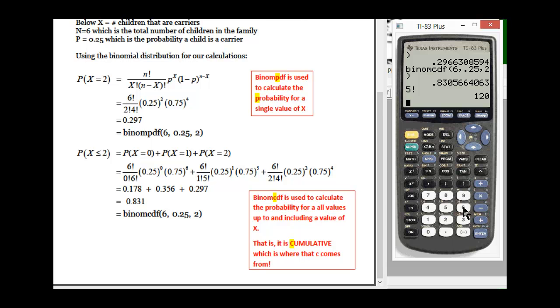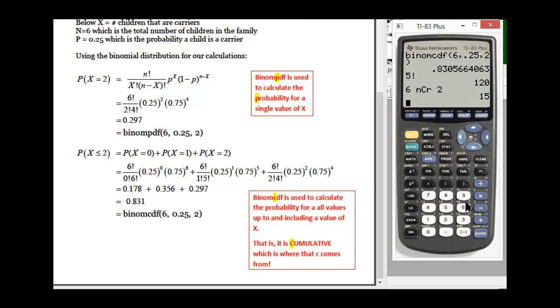I'm going to start with 6. I'm going to go through math again, go right to get to PRB, and it's this. We talked about that being a combinatorial, so it's this nCr. I'm going to page down to 3, hit enter, and then I'm choosing 2 out of the 6. So I enter 2, and then I'm going to push enter.